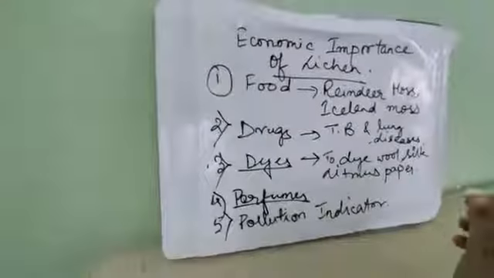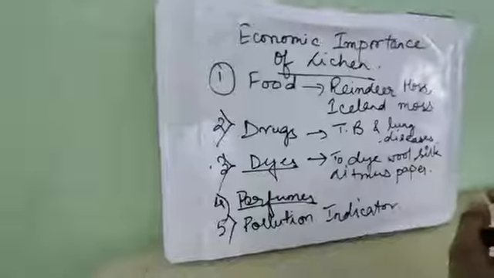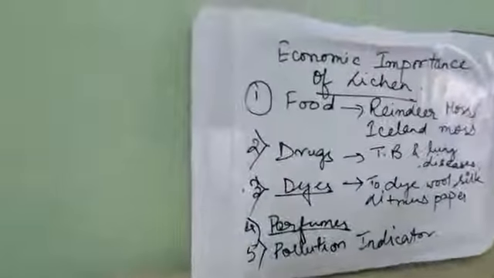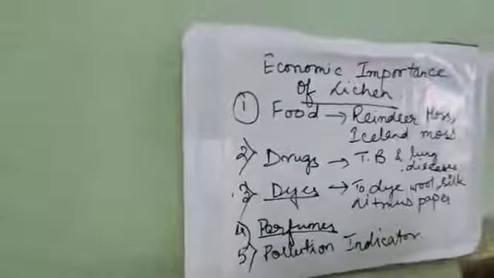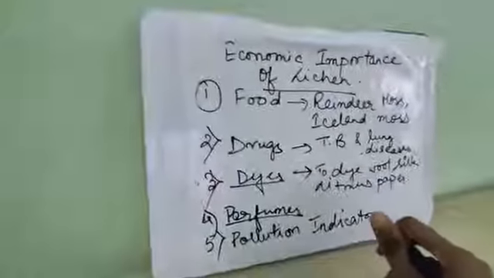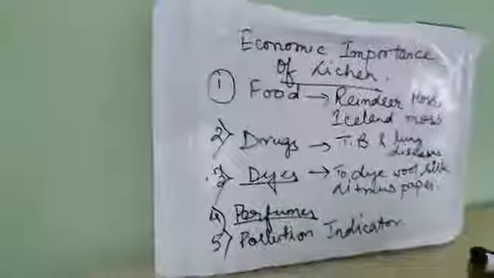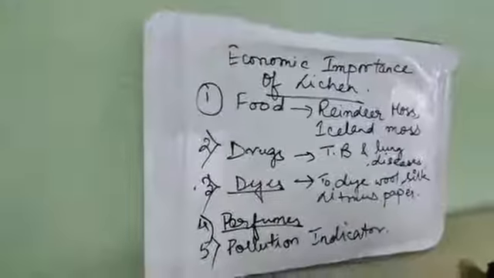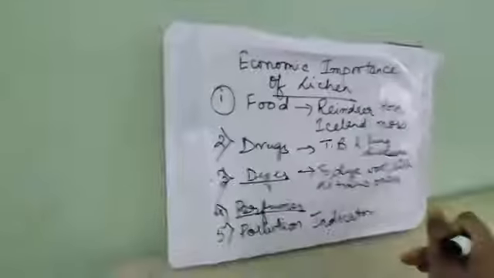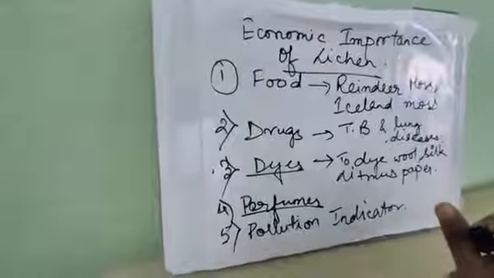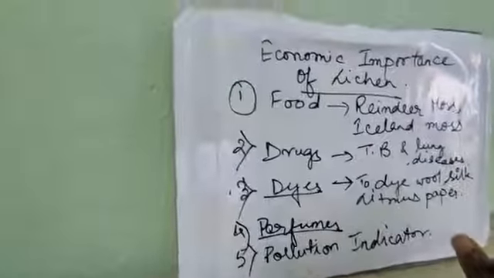If there is no lichen in a region, we understand that the region is highly polluted. If the region has a good population of lichen, then we can understand that this region is pollution free. So this was all about the economic importance of lichen, and this is all about the topic of lichen. Next topic, we will move on to the virus and virions.